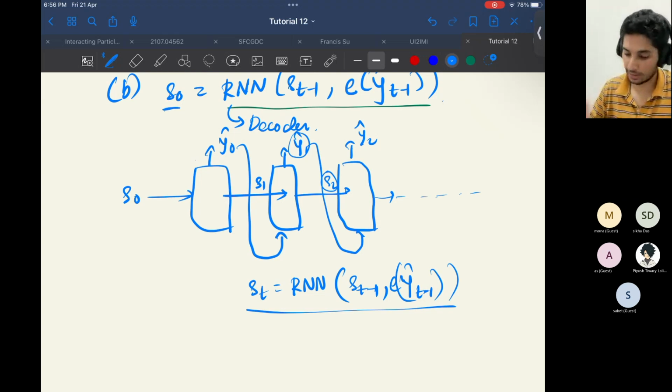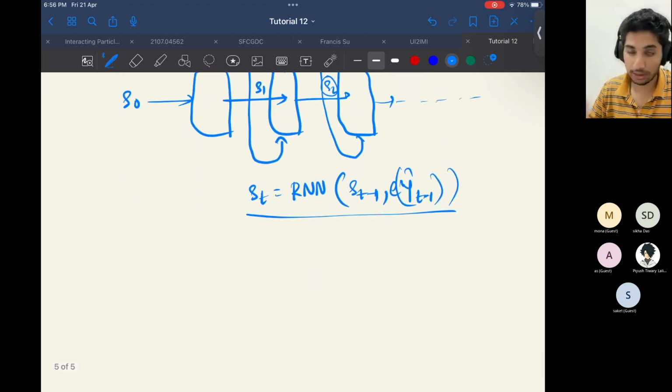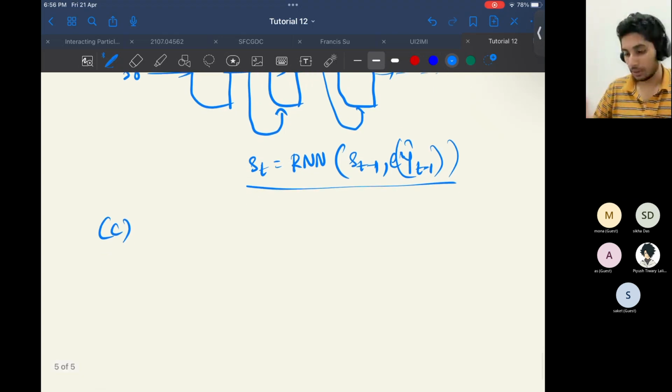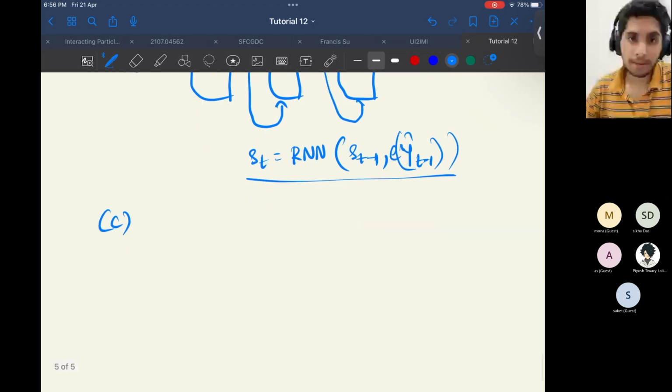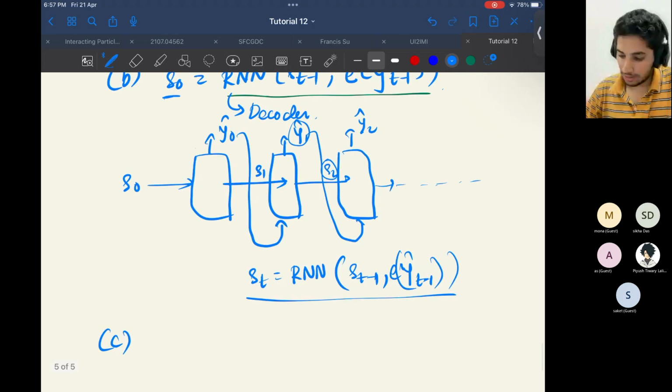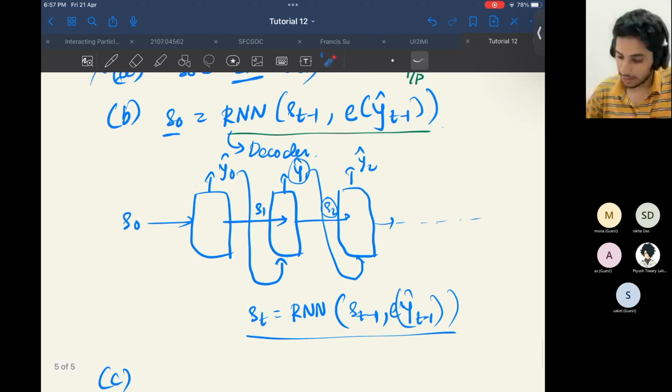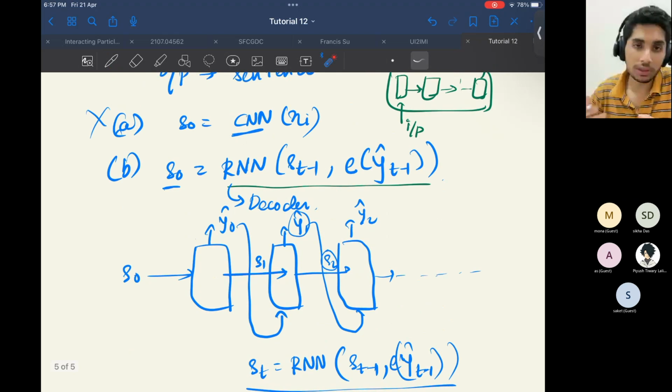This is not the encoder side input, so this is not the encoder side equation. Even if you don't remember, you can see what the equation is telling you and think about whether it makes sense. Another way to straightforwardly discard this is that the encoder side has to take inputs, and there is no input here. y T minus 1 hat is the output of a decoder, and S T minus 1 is some activation.